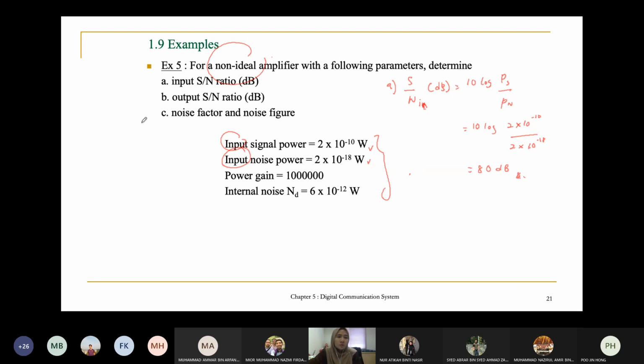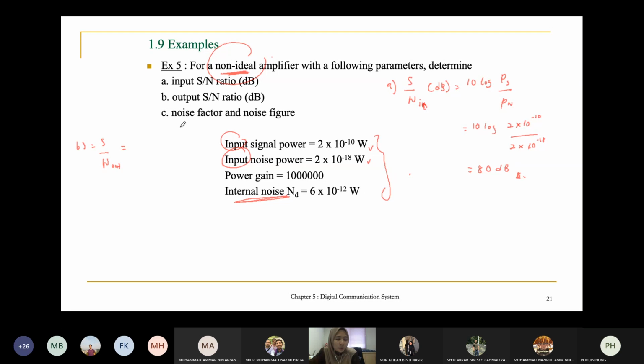For question number 2, B, output signal to noise ratio. So B here, this is S over N out at the output. The question already states that this is a non-ideal amplifier, that's why you have the internal noise Nd. So you need to use the correct formula.